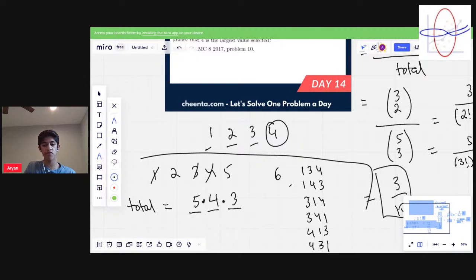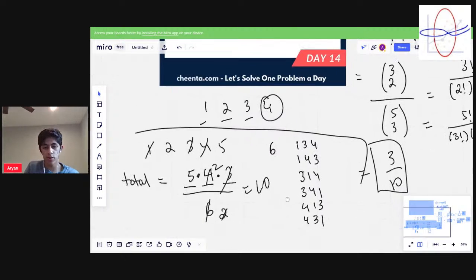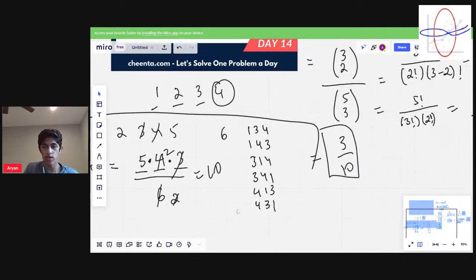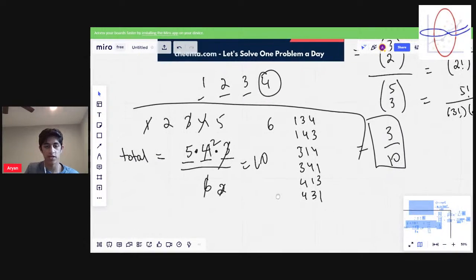These are 6 different ways that I could pick the same 3 numbers. And we don't want to count this 6 times. We only want this counted once. So we would do 5 times 4 times 3, but then divide by 6. And this is just, again, 10, right? And we already found that from the last half of this. But we know now why we use this 5 choose 3. So 10 is our total.